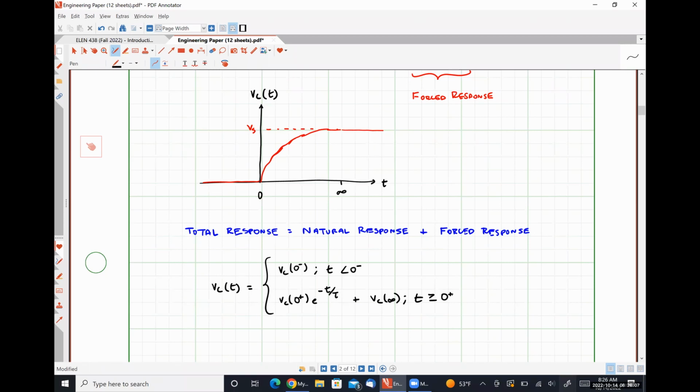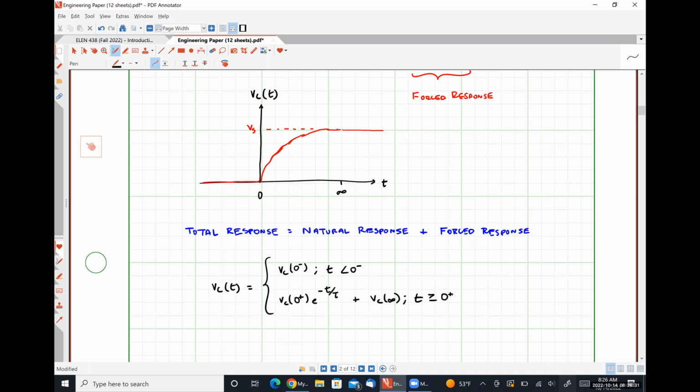Now there's a mistake here and it's not super obvious, okay? The mistake here is that our capacitor voltage is not a continuous function anymore. So at t is equal to 0 minus, we have some value, right? We know that it's supposed to be 0.